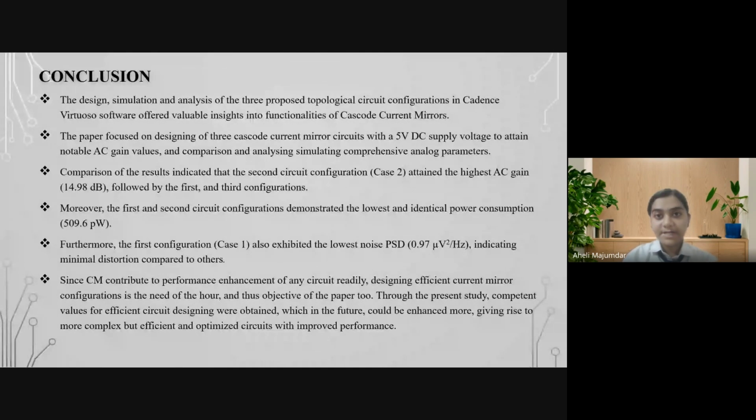With these competent and optimized values, we can definitely design efficient and improved circuits in the future, which would surely have an emerging effect on the current semiconductor industry and the VLSI design domain. So, with this, I would like to end my presentation today.